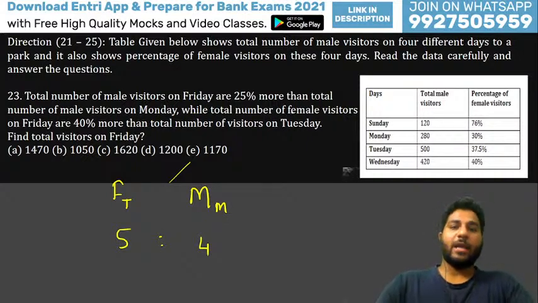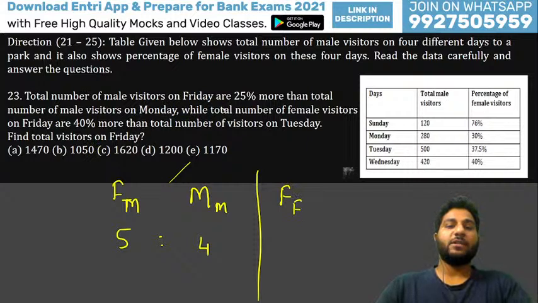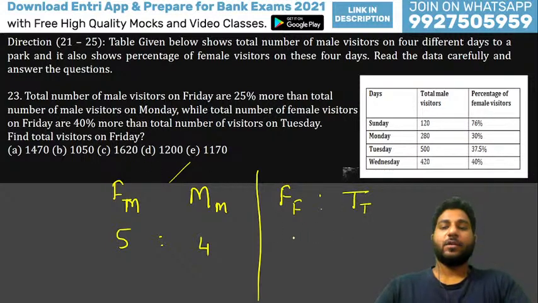While the total number of female visitors on Friday, sorry, it is female visitors on Tuesday, will be 40% more than the number of visitors on Tuesday. 40% more, that means 7:5. Okay, we have got it.